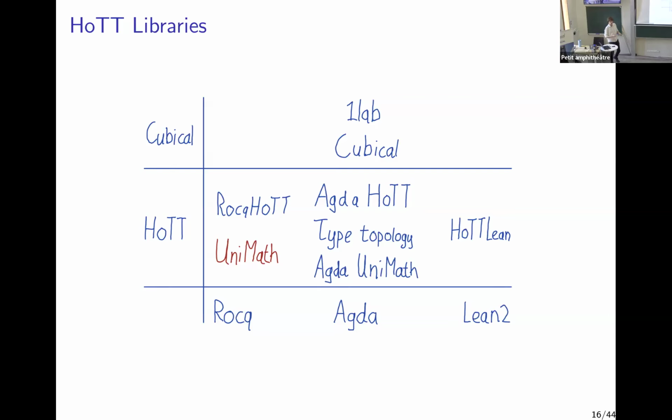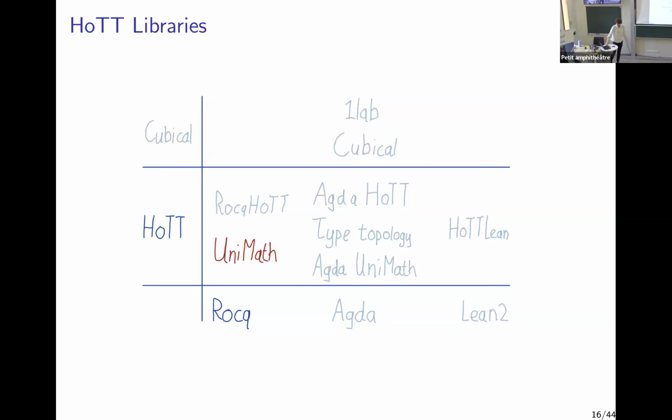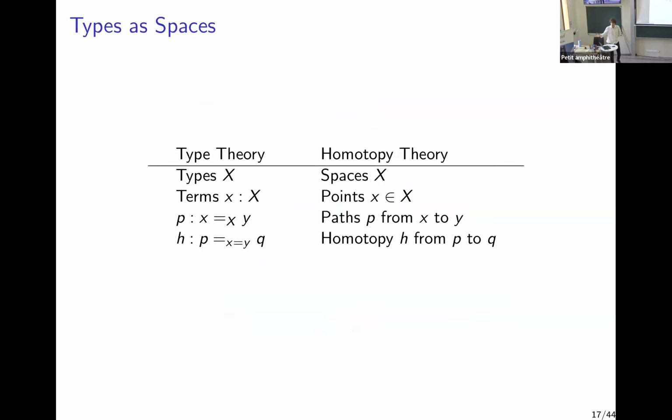You have the Coq HoTT, although they didn't change the name of the repository, so officially they're called Coq HoTT, but I don't know why they didn't change the name. And the one that I'll be talking about, UniMath. So that shows that you can implement homotopy type theory in various proof assistants.